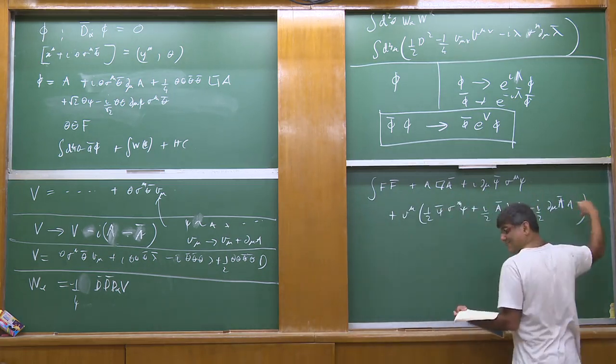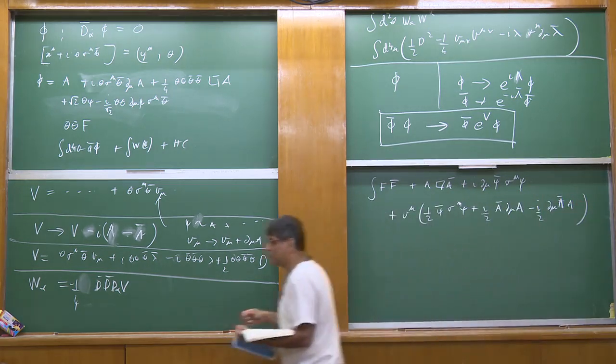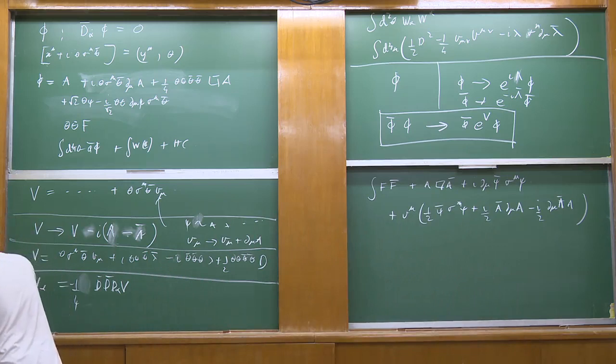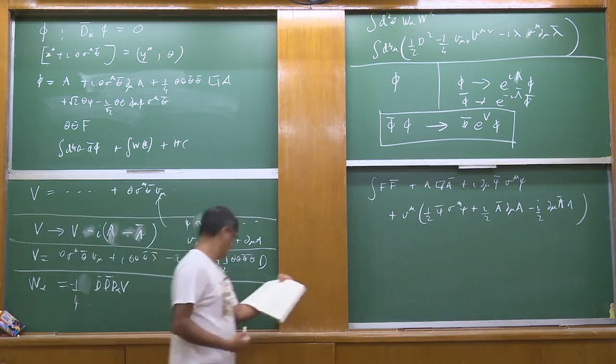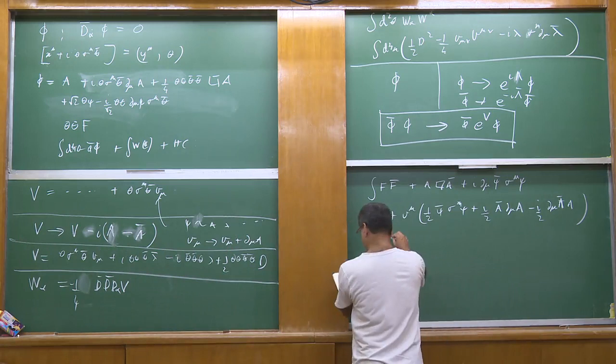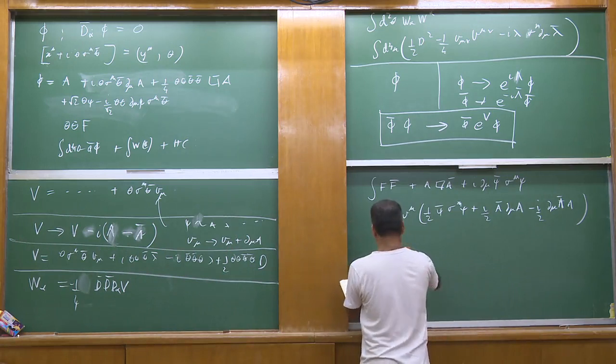This was the term with 1 V, and then there's the term with 2 V's. So the term with 2 V's is minus i by square root 2.